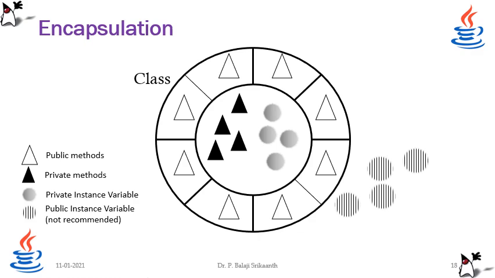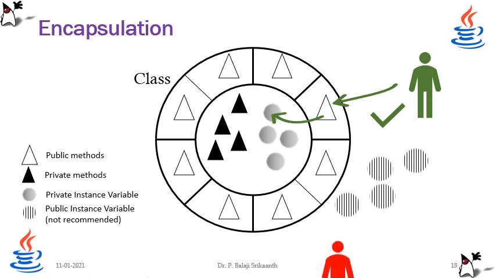Now, how is encapsulation achieved here? When you declare the variable as private, you cannot access it from outside. You access it using the public methods. These public methods can access the private methods which are declared inside the class, like this. Another code trying to access it directly is not allowed.